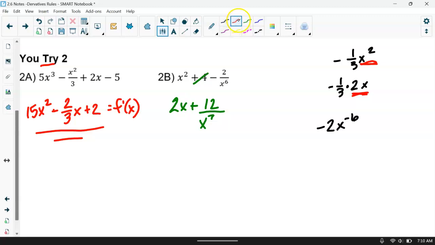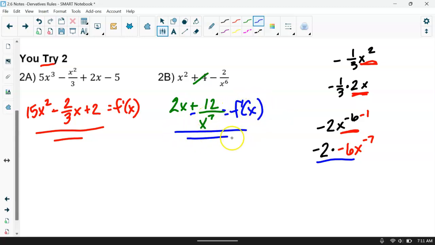So that means now when you find the derivative here, you've got negative 2 times the derivative, which is negative 6x to the negative 7 now from subtracting 1 from your exponent. So now notice when you multiply negative 2 times negative 6, there's your positive 12 and x to the negative 7 or over x to the 7. So this is the derivative of your function.